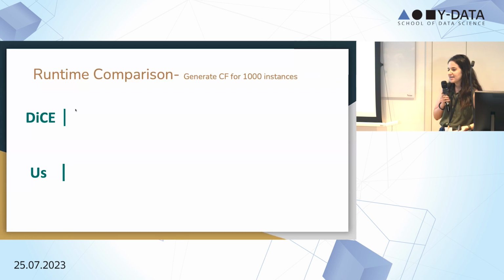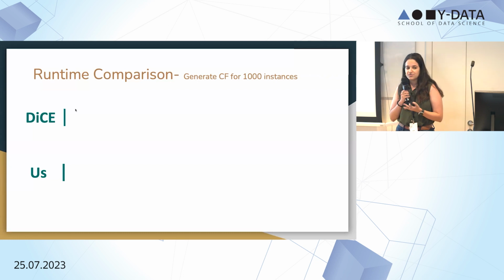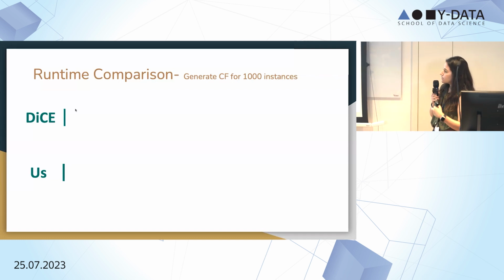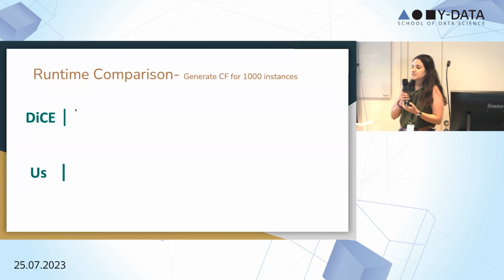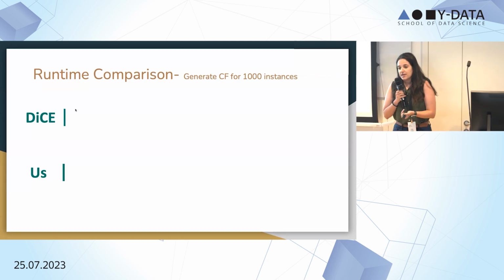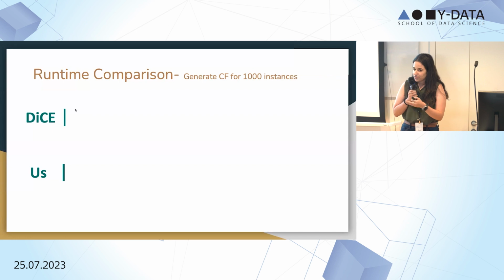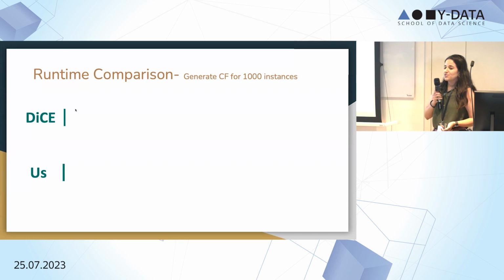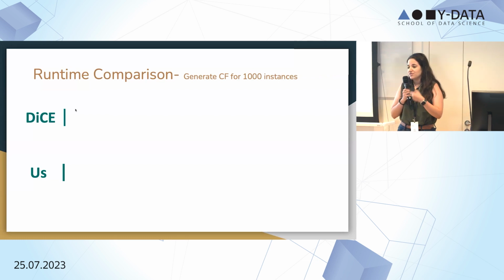We compared ourselves to DICE. DICE is the state-of-the-art approach that many people now use in many algorithms. The problem is that DICE is very, very slow, and since it's the state-of-the-art approach, we knew we were going to compare ourselves to DICE. We did a test on 1,000 instances, generating counterfactuals.